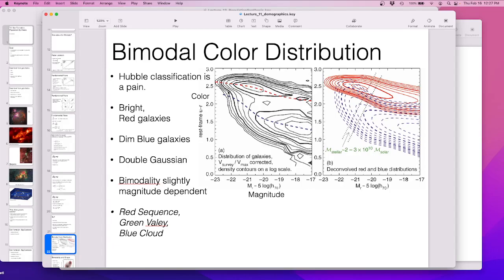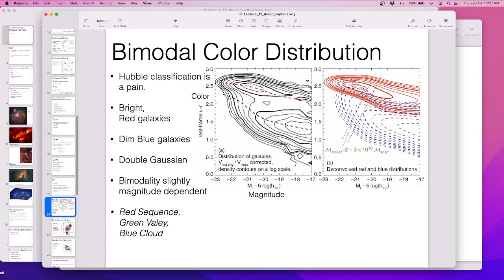Brighter is on the left in this one. Dimmer is on the right. We find that red galaxies are brighter than blue galaxies. That's basically what this plot says. We've got a population of big red things and a population of smallish blue things.